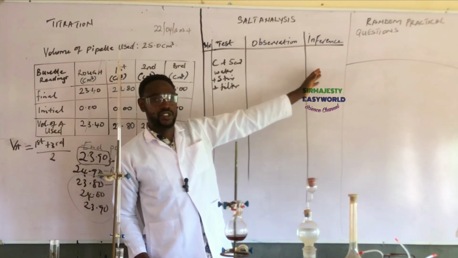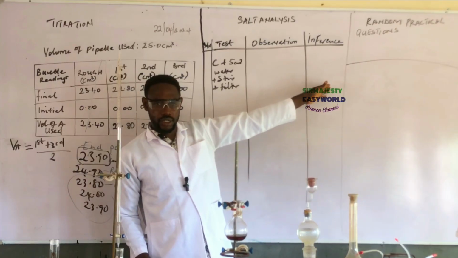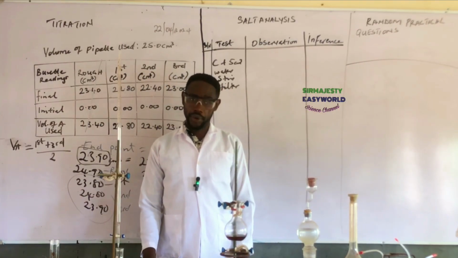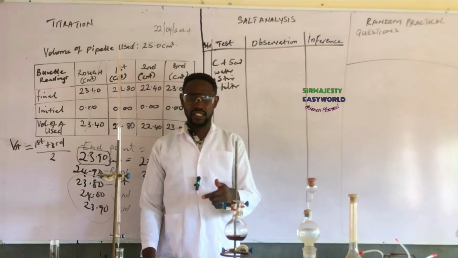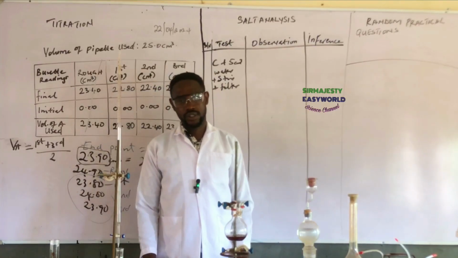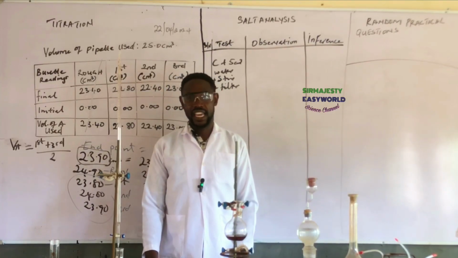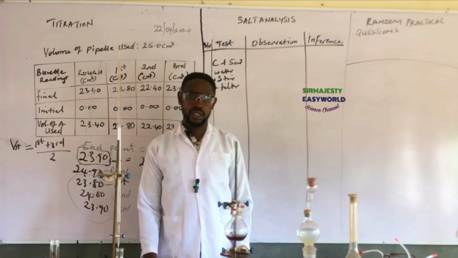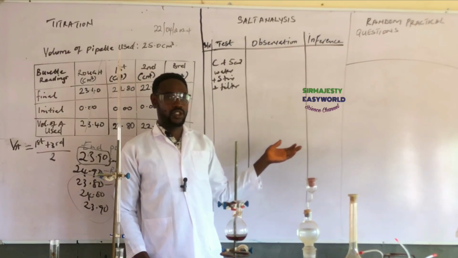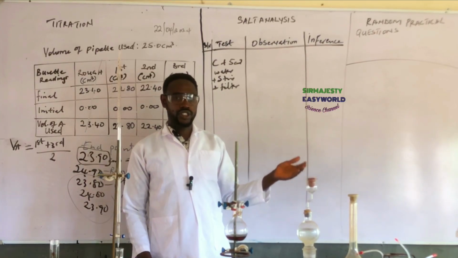Then inference is you are writing confirmed, likely, or present. So likely or present is used when you mention more than one ion, that is, not certain. For instance, when they tell you to add sodium hydroxide in drops, then followed by excess, and the observation is white precipitate in drops or white gelatinous precipitate in drops, which dissolves in excess.